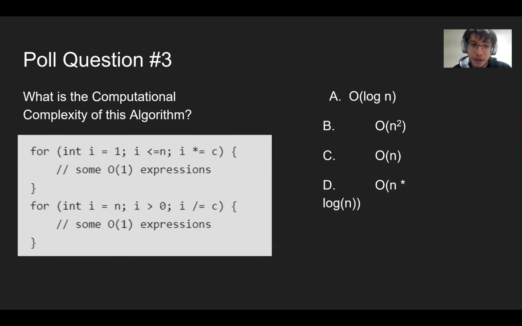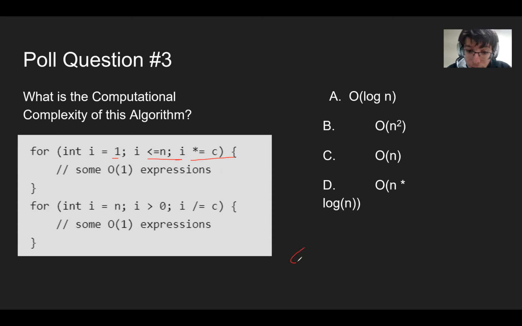Okay. Next question. So the computational complexity of this algorithm. Again, C is constant, so go ahead and pause whenever. Okay, well, in this one we start at 1. So long as we're less than n, we keep multiplying by C. So it's very similar to what we saw before, 1, 2, 4, 8 until we get there, right?